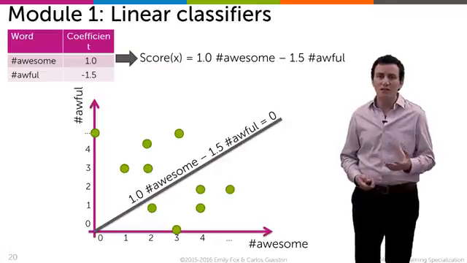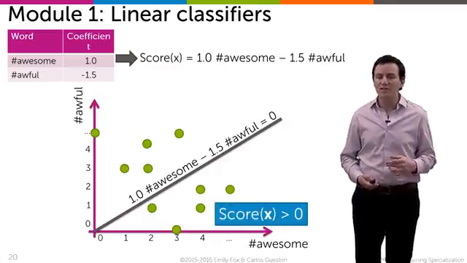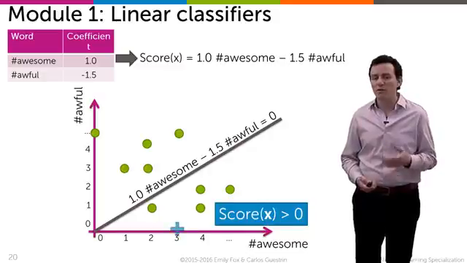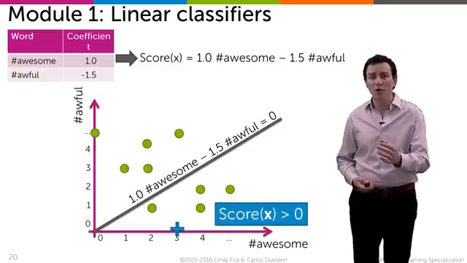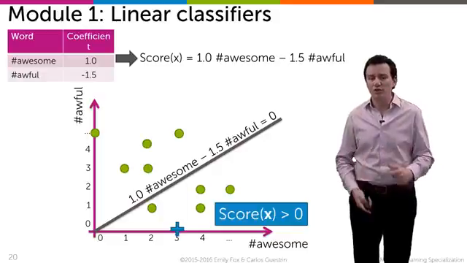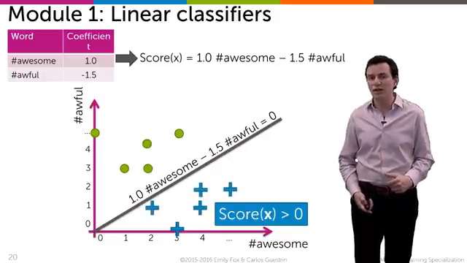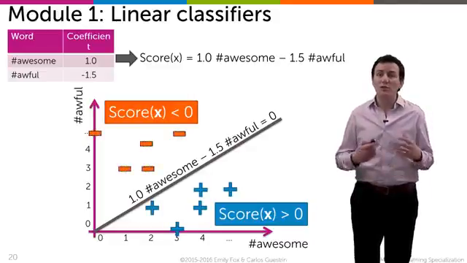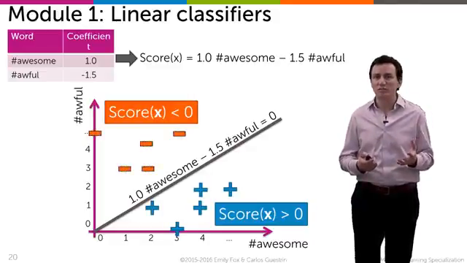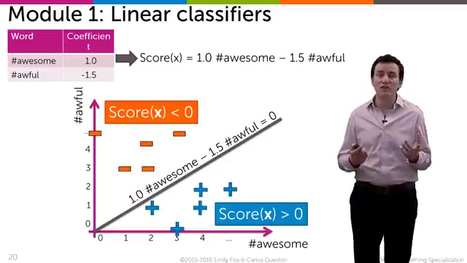And when you have a particular review, if it has, for example, like the one on the bottom has 3 awesomes and 0 awfuls, we're going to classify that as positive because its score is greater than 0, and that's true for everything below that line. And everything above the line has score less than 0, and we're going to classify those as negative points.